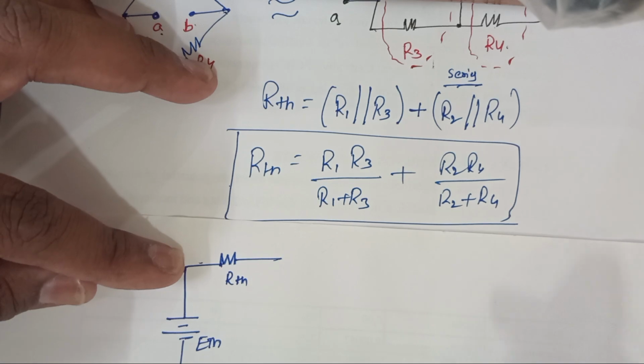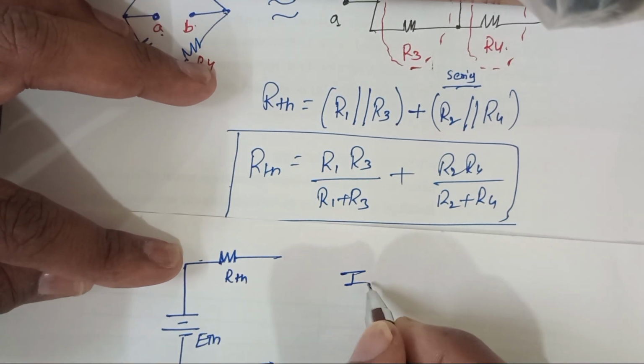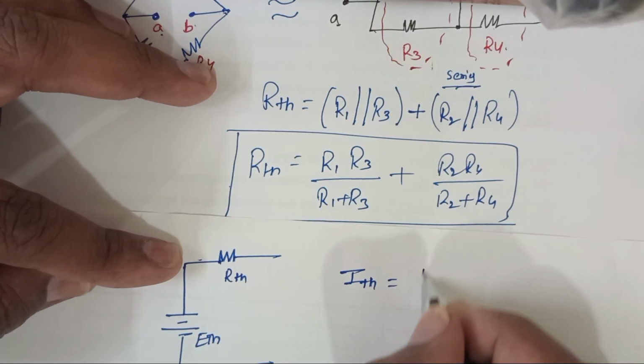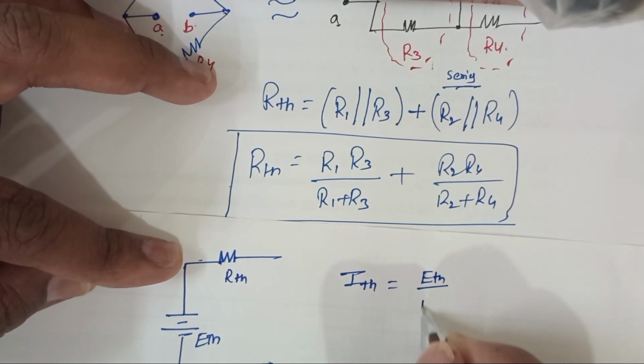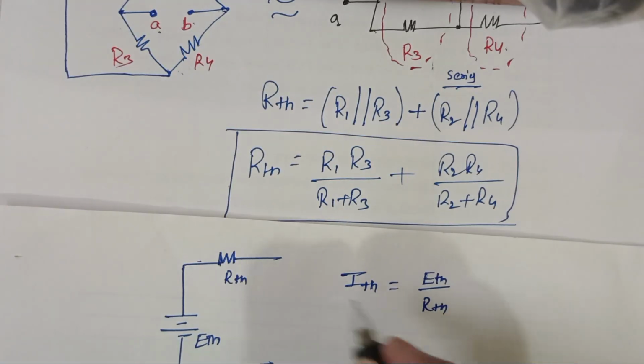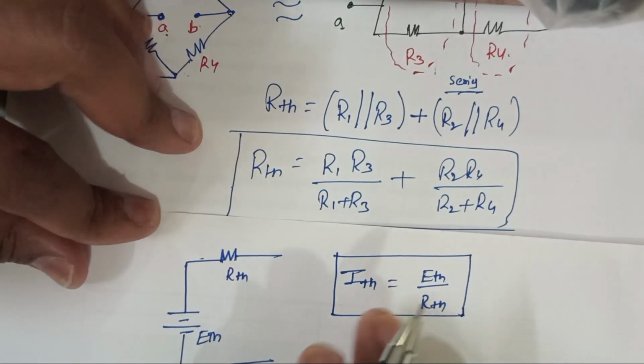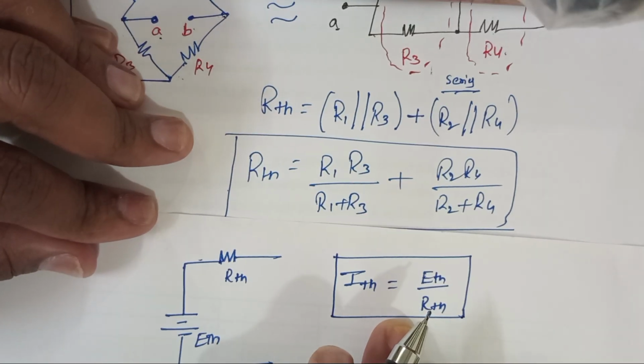With these two values, Thevenin's equivalent current ITH can be given as ETH by RTH. It is the amount of current flowing through the galvanometer.